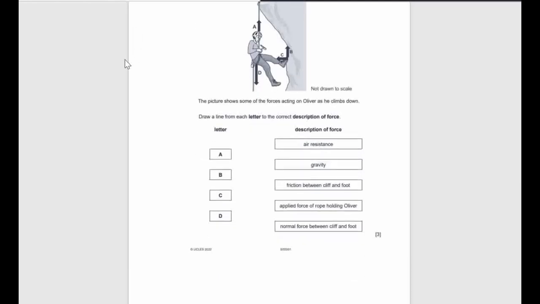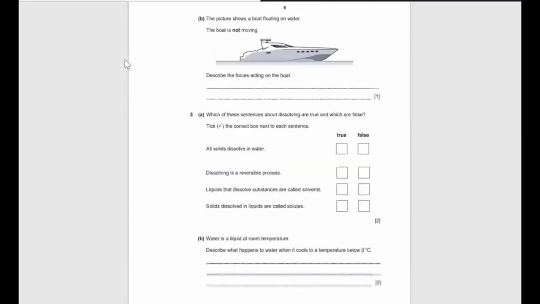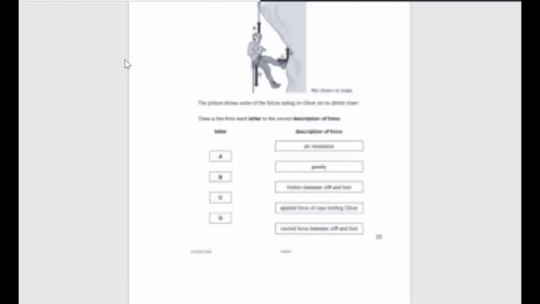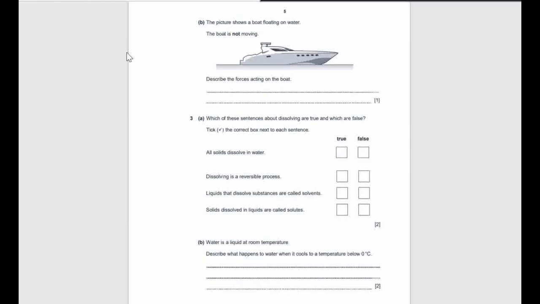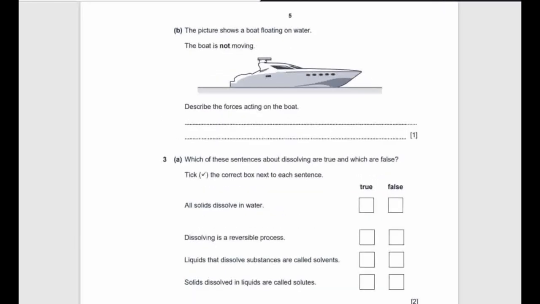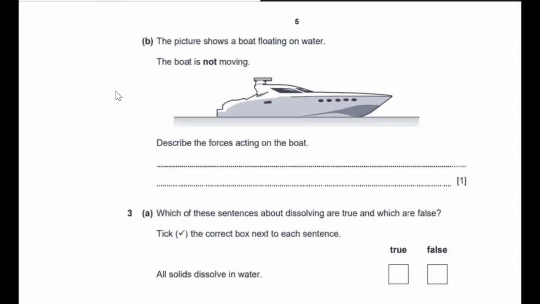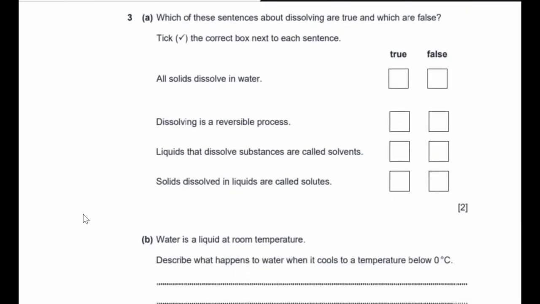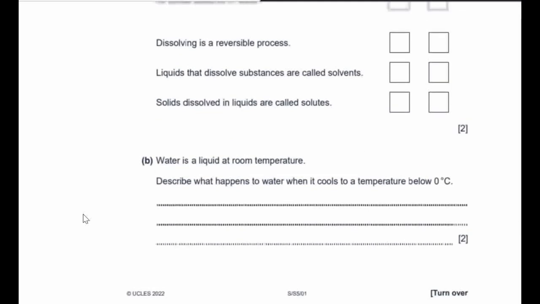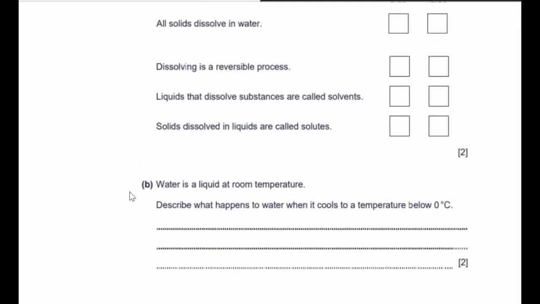Next, question 3, this is question 3A and 3B.